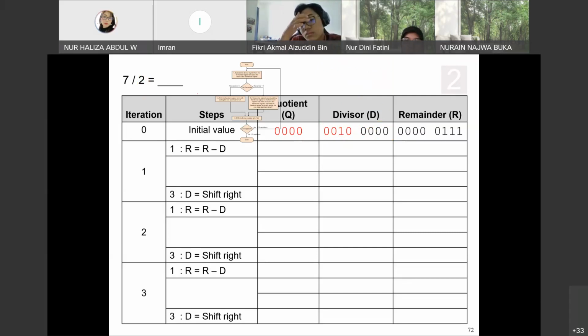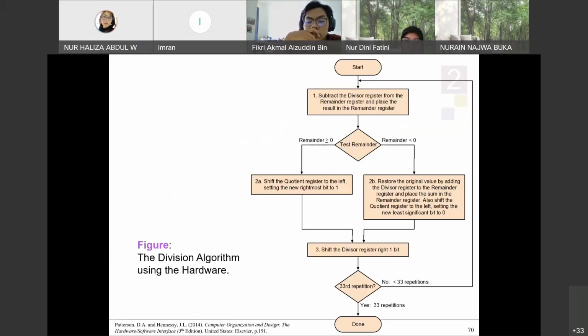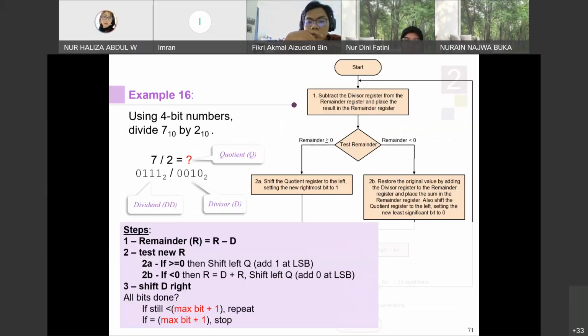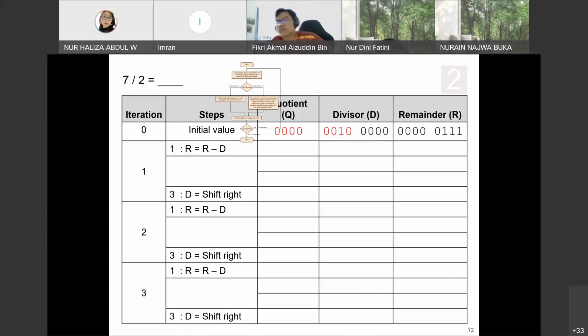And for your R, the first initial value, you don't give it anything, but you need to know it's going to be the remainder. Just now we don't have anything, but we're going to put it as 0, 0, 0, 0.